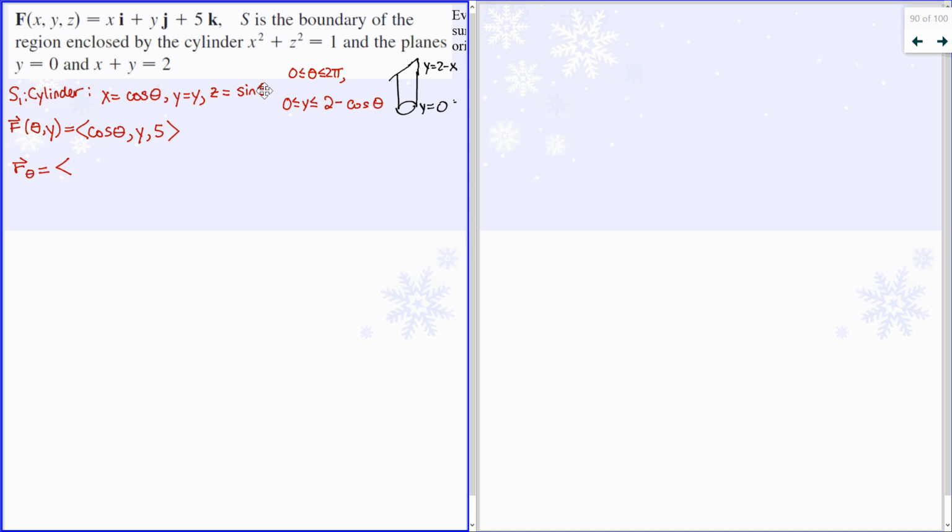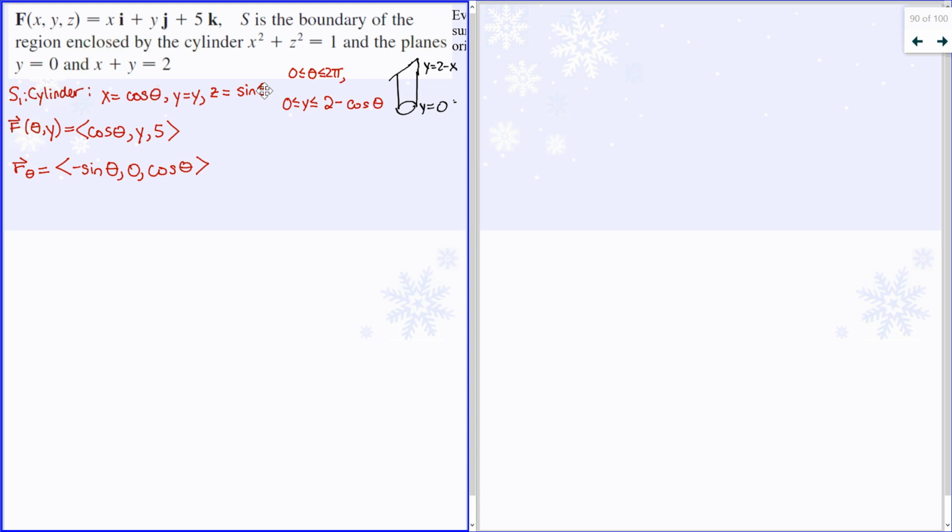Now I need to write our partials for theta and y. I'm taking the derivatives of x, y, and z with respect to theta, and we get negative sine theta, 0, and cosine theta. Taking the partials of our parameterized surface with respect to theta.